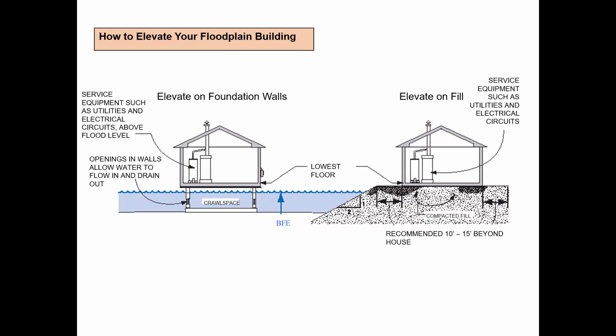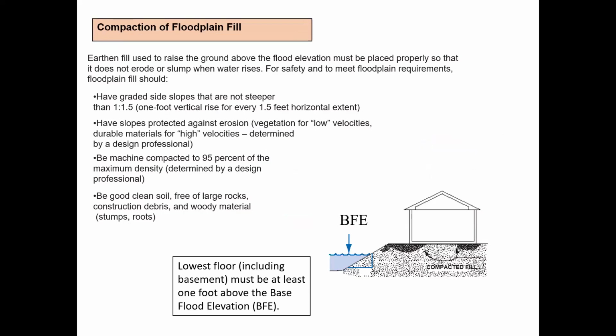And then we talked about elevating on fill. When people get LOMR-Fs, it's similar to that. So this is a slab on grade structure with the lowest floor, that living floor, elevated on fill at least 1 foot above the base flood elevation. So there are different ways to elevate a structure, just depending on the situation and how they would prefer to elevate it.